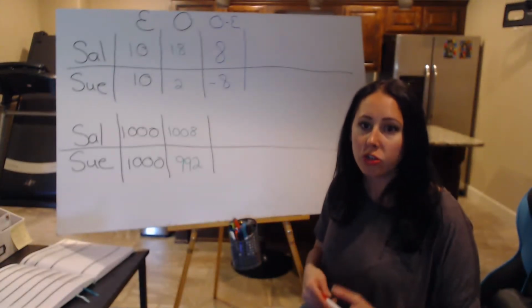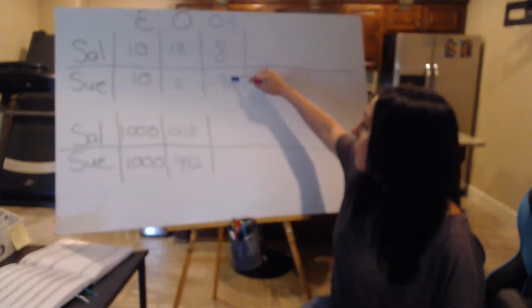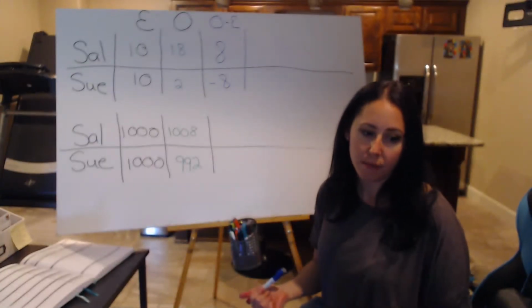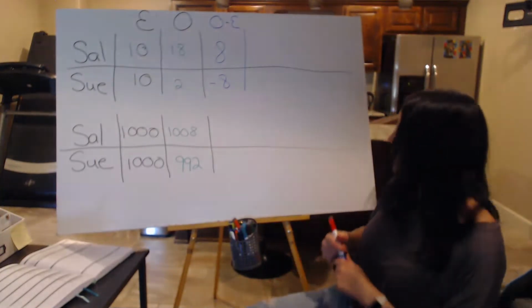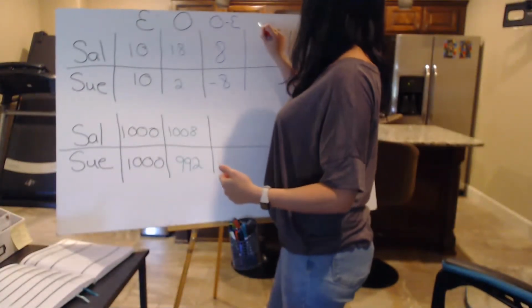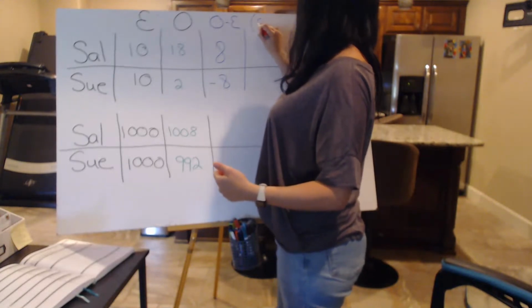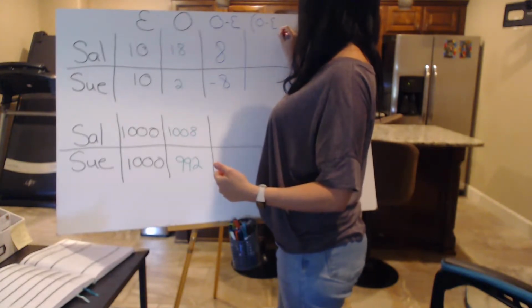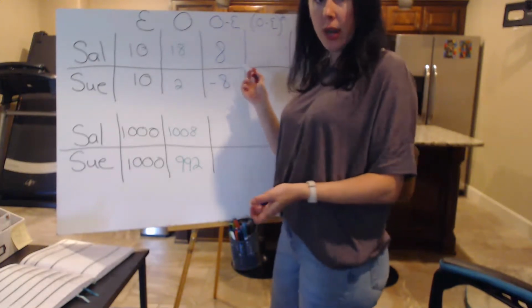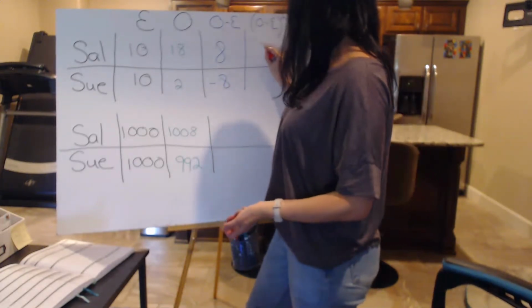So to get rid of that effect of just canceling them out, we're going to square them. So our next column here is going to be O minus E squared. What's 8 squared? 8 times 8, 64.